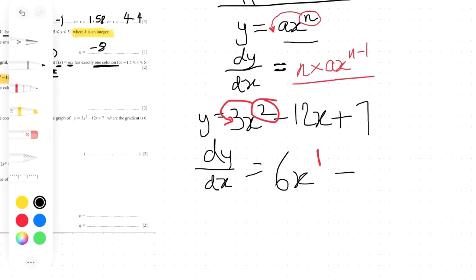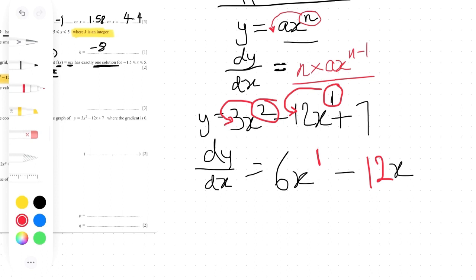And for the second part, 12x is equal to saying 12x to the power of 1, right? Because x to the power of 1 is just x. So to differentiate this, we take the 1 multiplied by the 12, and then 12x, and then we reduce the power by 1.